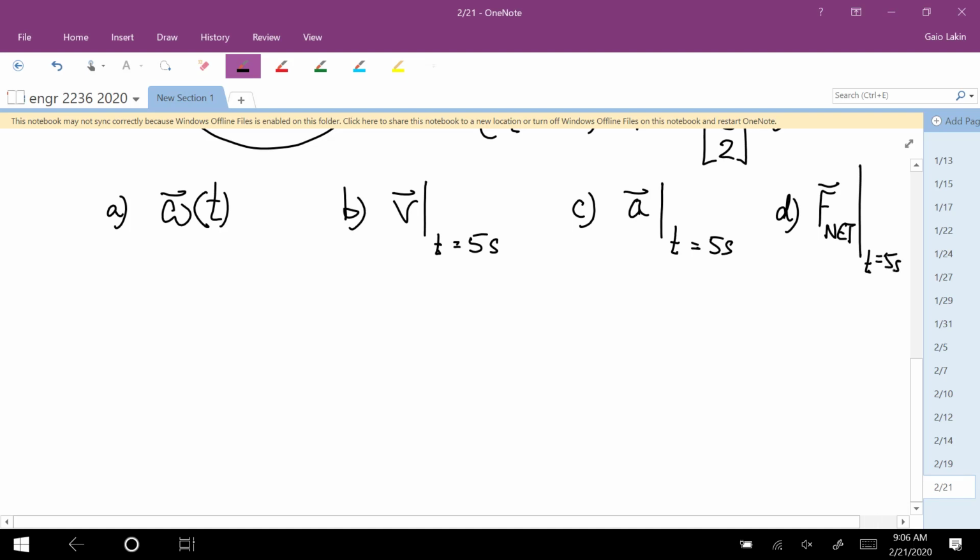Newton's second law says that once we know that acceleration vector at 5 seconds, all we have to do is multiply by the mass to get the net force.